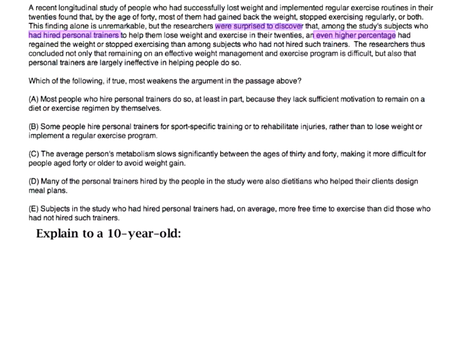In other words, what this is saying in fewer words is that all of the people had tended towards gaining weight back or stopping the workouts. But basically, if someone in the study had a personal trainer, that person had one when they were younger, in their 20s. If someone had a trainer in their 20s.